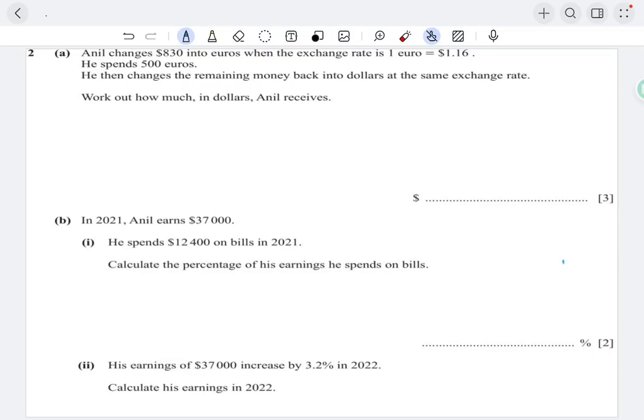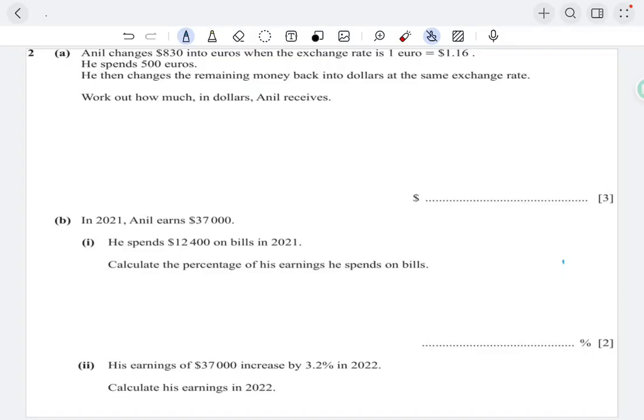He spends €500. He then changes the remaining money back into dollars at the same exchange rate. Work out how much in dollars Anil receives.